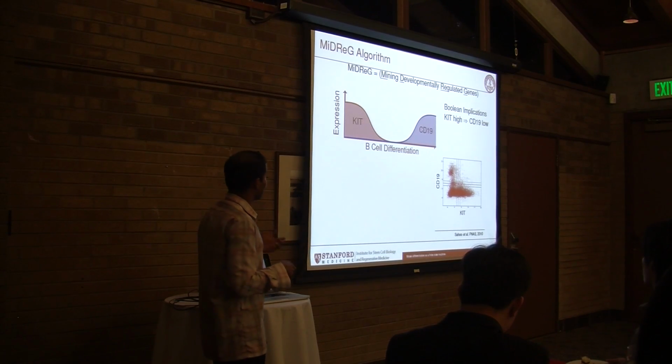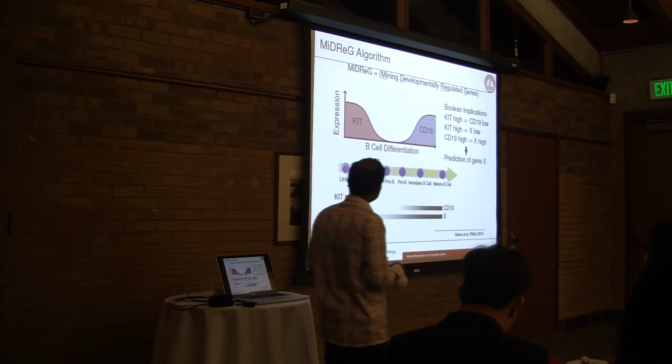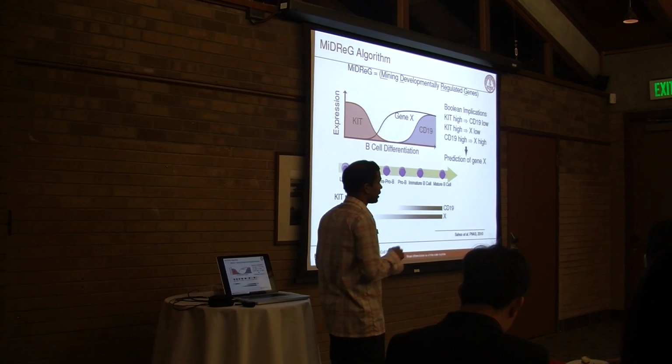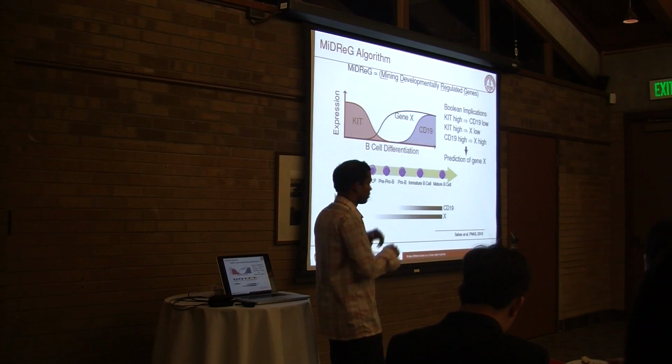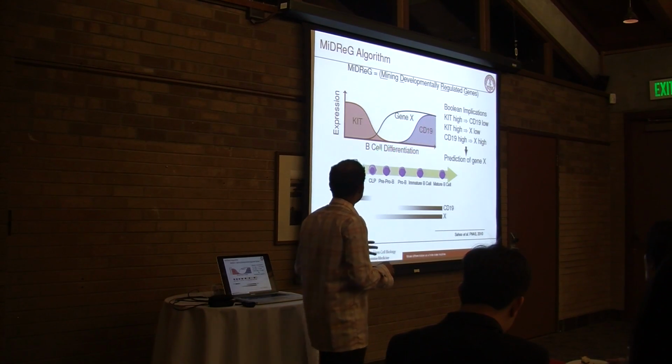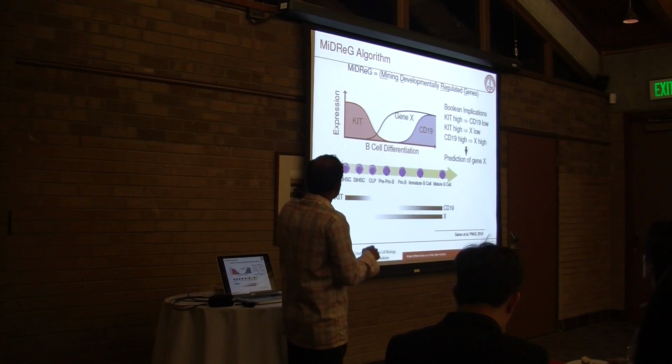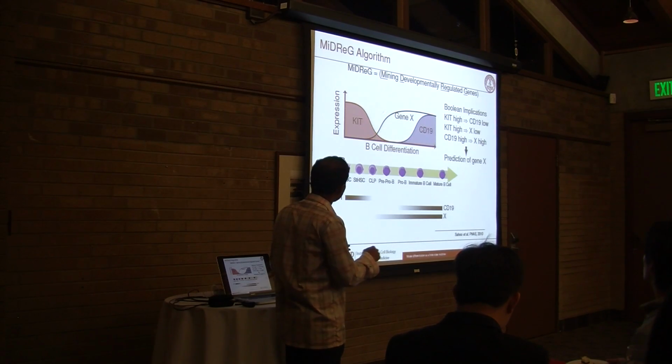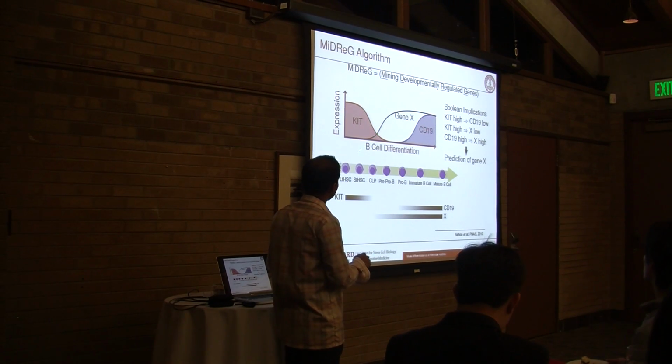So if you assume that, you can try to predict gene X, right? So think about some unknown genes and think about a diagram that you want to have. In this case, you can say that X is expressed or turned on before CD19 is on, right? So X is on before CD19 is on, stays on throughout.